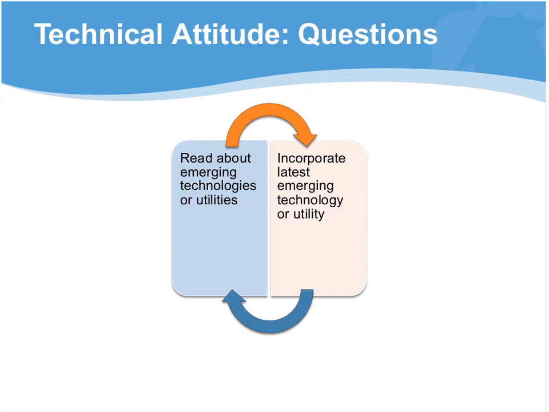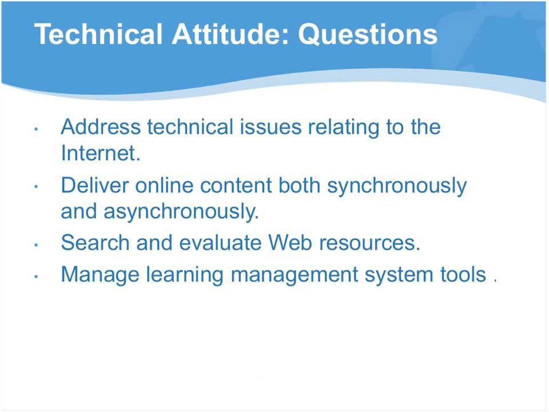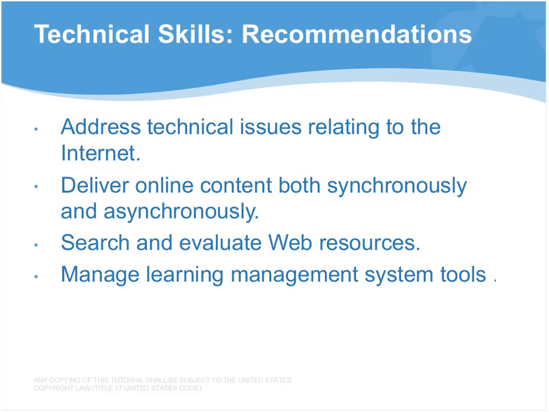And again, have they read using those RSS news feeders or even through internet news outlets? We also want to see if an instructor has incorporated those latest technologies into their actual online course. So we're looking at not only the novice, but also the exemplary instructor who's taking those utilities and actually incorporating them. The next area, aptitude of being addressed, is technical skills.